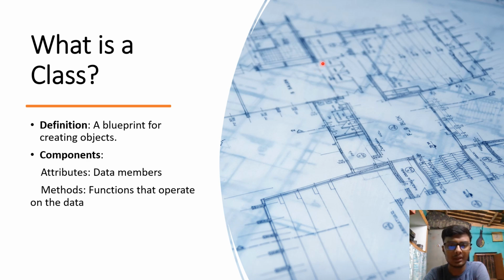And one thing has to be considered here: all these objects will be different from each other. So for the time being, we should understand that with the help of a class, we can create multiple objects, and an object has two things, attributes and methods. Okay, let's move on to the next slide.